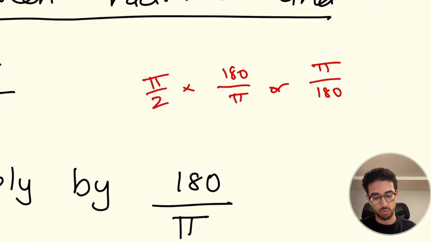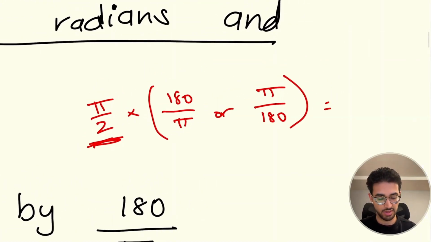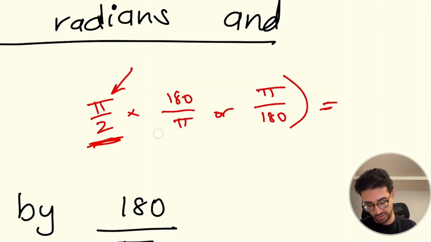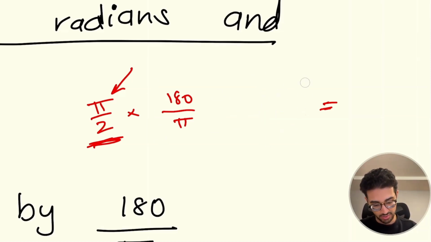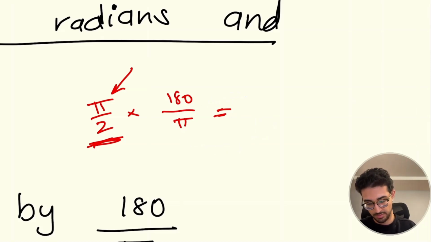But I know that this radian measurement is going to have a pi that disappears, because the degree measurement doesn't usually present with a pi, right? So if I have to cancel this pi out, I have to multiply by something that has a pi on the bottom, right? So to get rid of that, I will choose 180 over pi. And then we end up with something like this, which is just going to be 90 degrees, right?